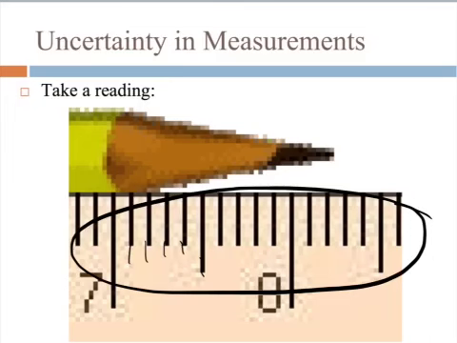I see that I have a 7 here, and then an 8 here, which means the scale goes up by 0.1, tenths. Because this would be 7, 7.1, 7.2, 7.3, 7.4, 7.5, 7.6, 7.7, 7.8, 7.9, 8. Okay, great. So it goes up by 0.1.